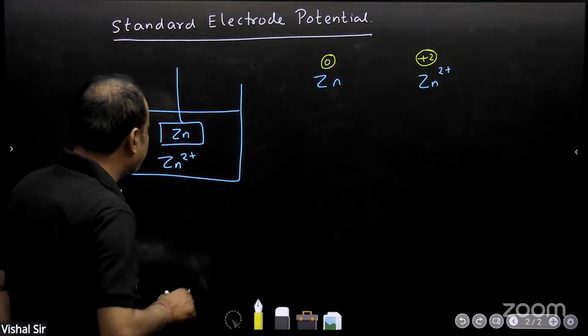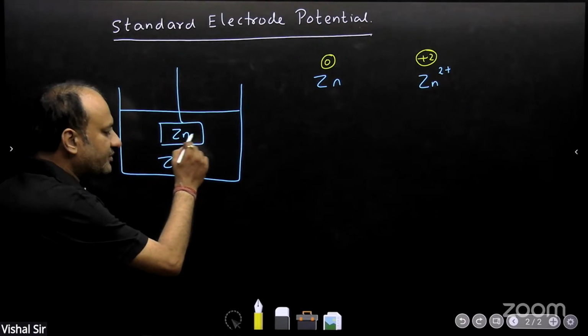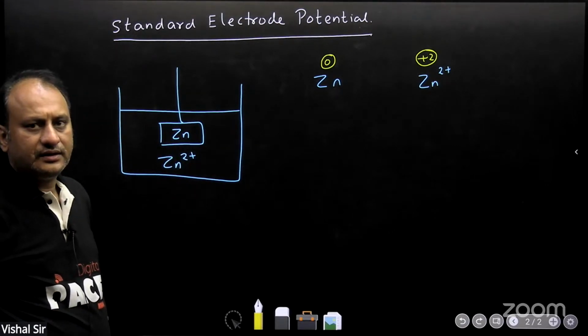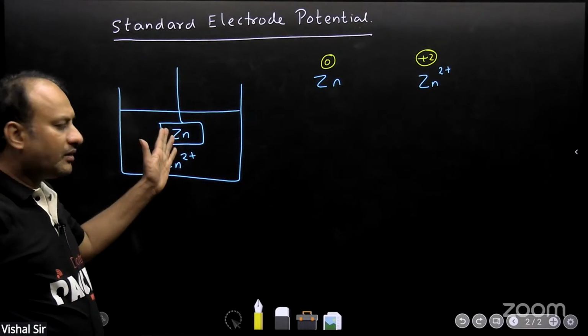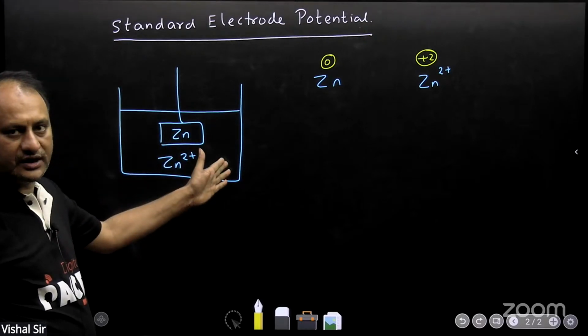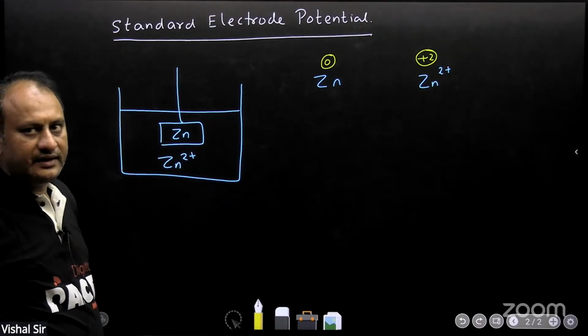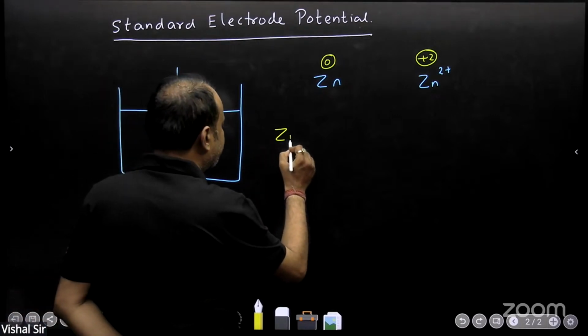Now what will happen at this boundary, at the interface of metal and solution? Two things will be happening. One, the metal atoms will have a tendency to go into solution as their cation, leaving behind their electrons.